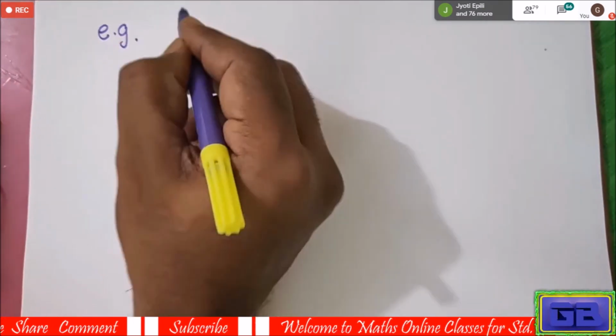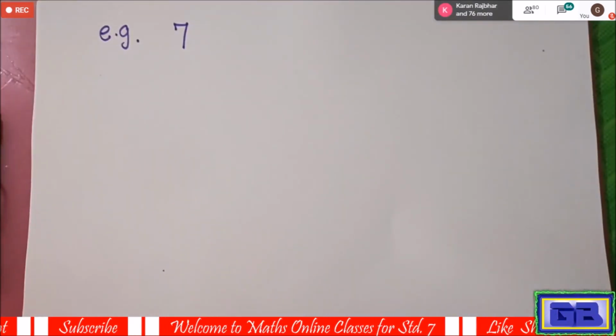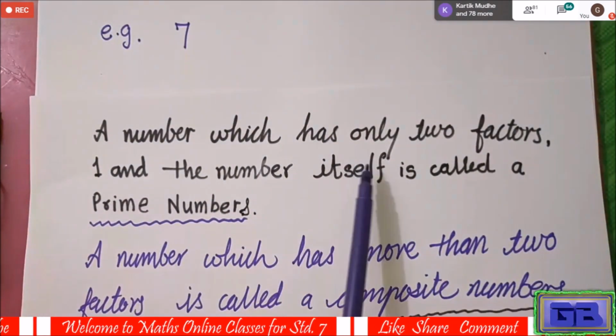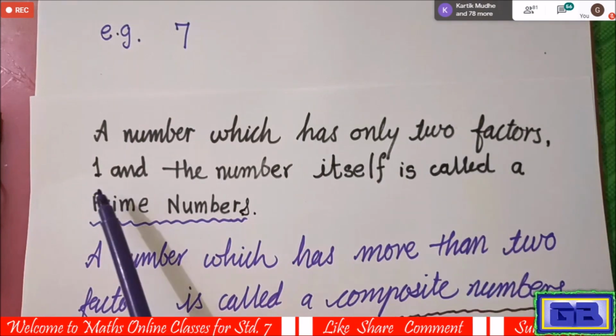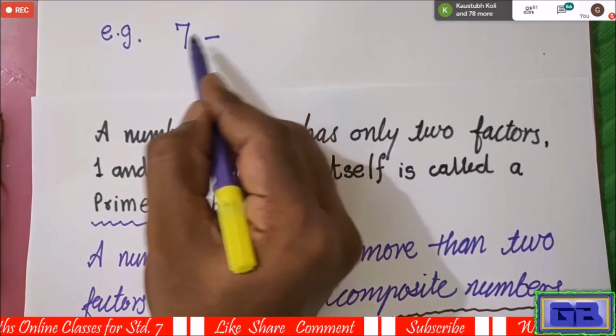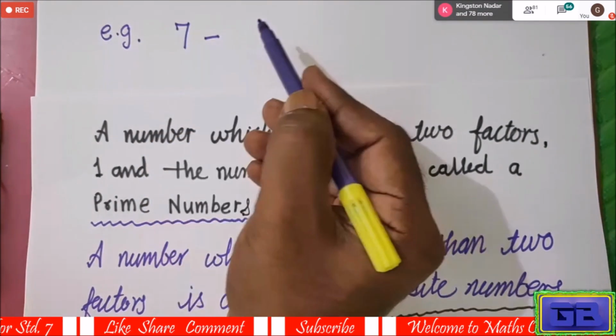Example, this digit 7. What does the definition say? A number which has only two factors, one and the number itself. Now if we see, this number is divisible by which other numbers?